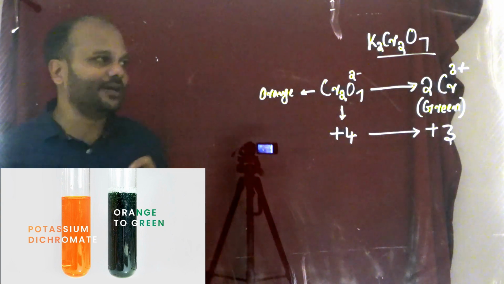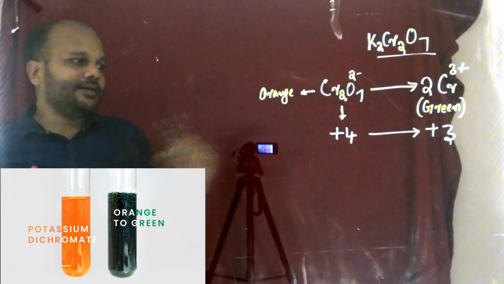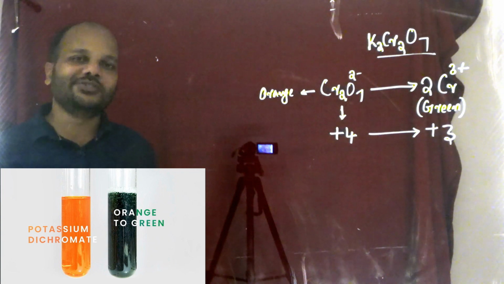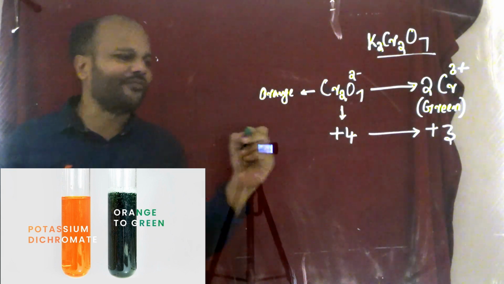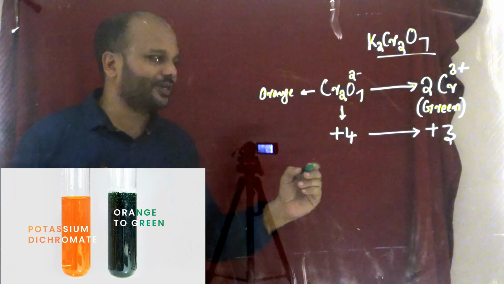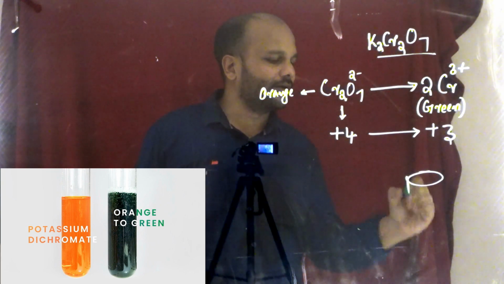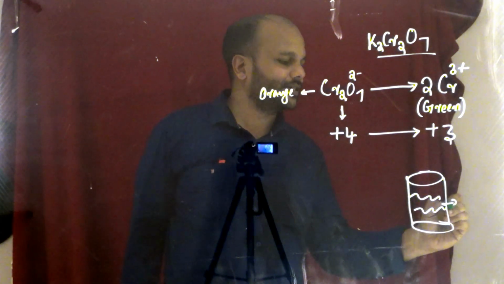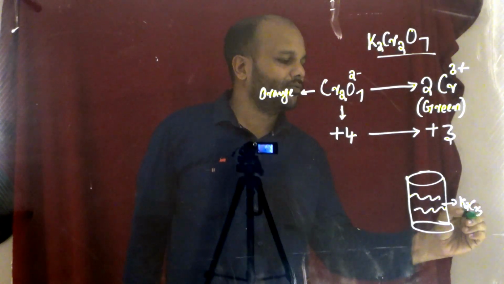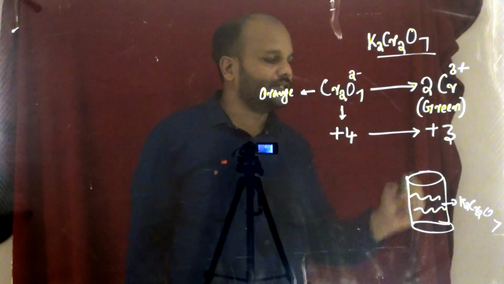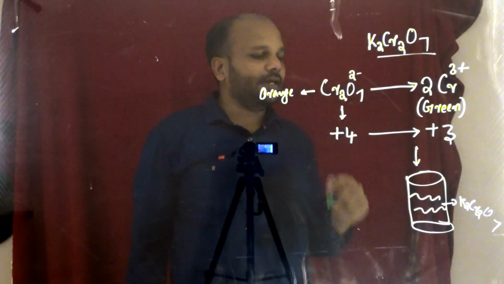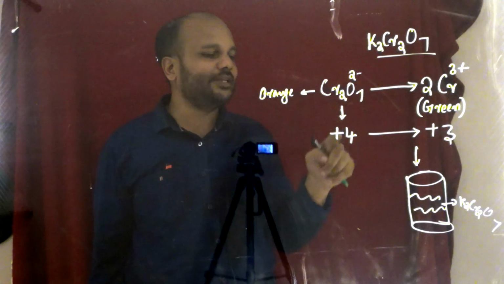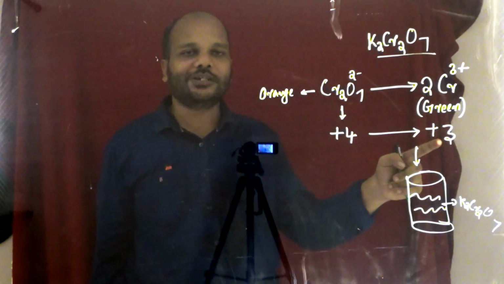Here we will see how this can be used for testing the presence of a reducing agent. Similar to KMnO4, consider a beaker, and you have potassium dichromate, K2Cr2O7 2 minus solution, in this. You are well aware of what reaction is happening when it changes from +4 to +3 oxidation state.